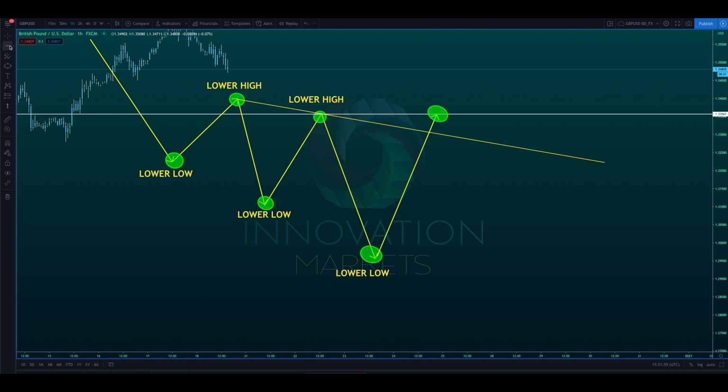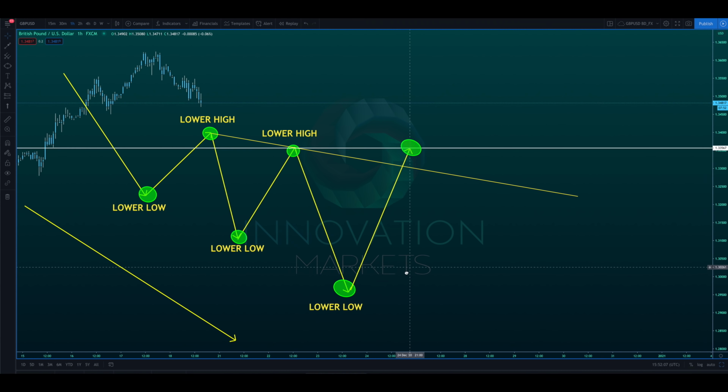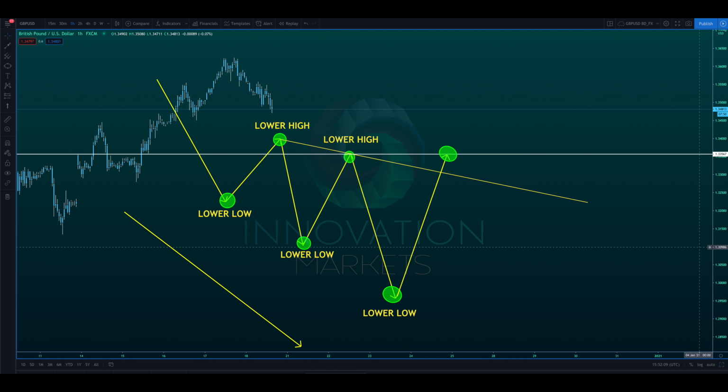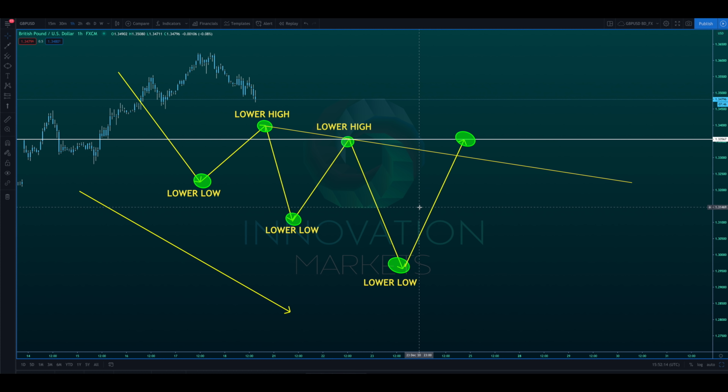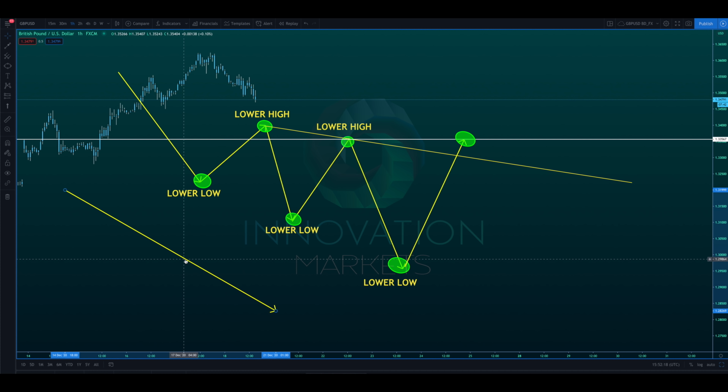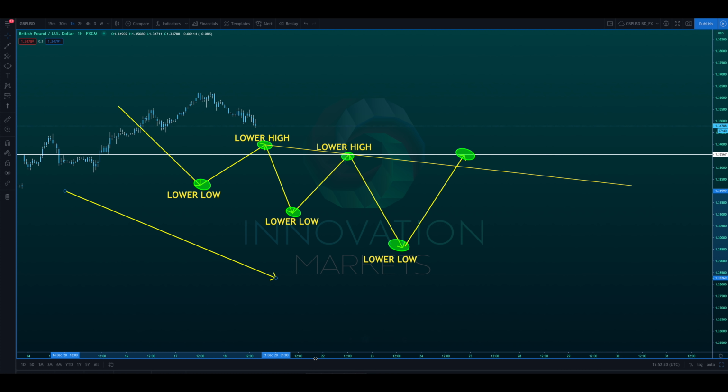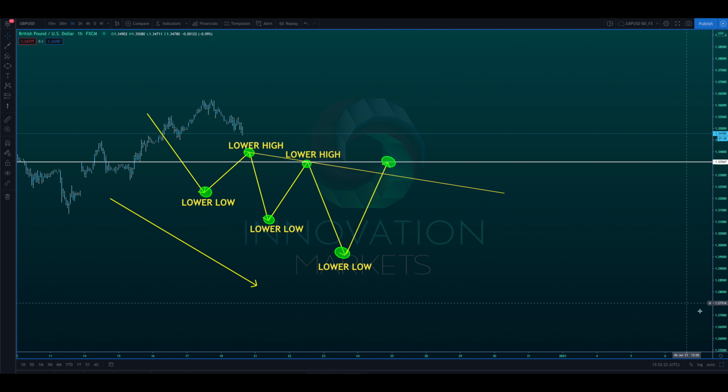It invalidates the downtrend. Remember, lower lows, lower highs, lower lows, lower highs, lower lows for a downtrend. But as soon as the last lower high is broken, then the trend has changed, and this downtrend that we currently see is no longer valid. It means that the trend is changing and we're now going into an uptrend.